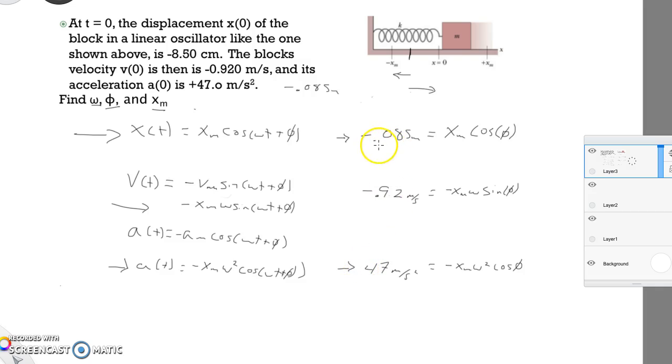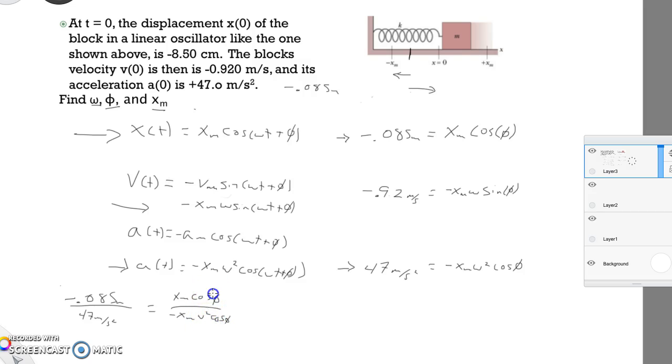On the left we get negative 0.085 meters over 47 meters per second squared equals x sub m cos phi over negative x sub m omega squared cos phi.